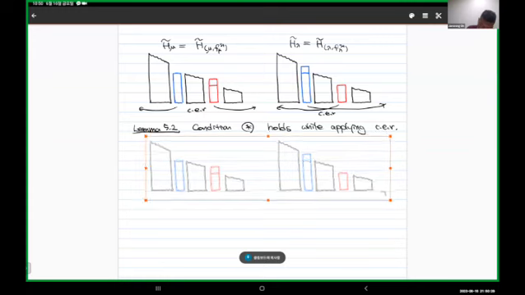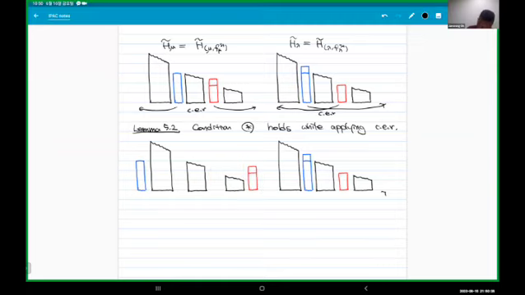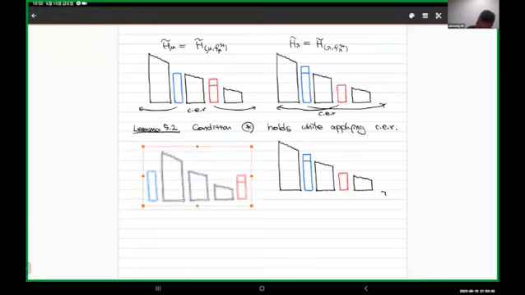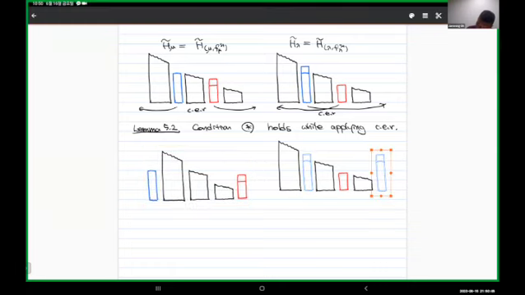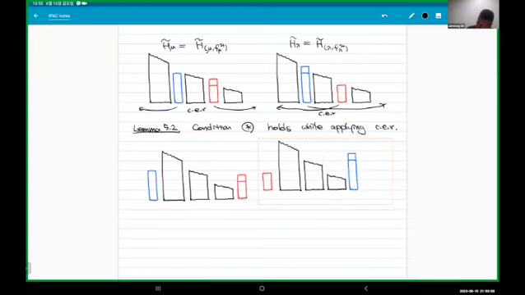So move this first column all the way to the left, move this red column all the way to the right. And yeah, I'll just make it pretty. Okay. And for this case, move this second column all the way to the right, move this red column all the way to the left. And yeah, place it like this.